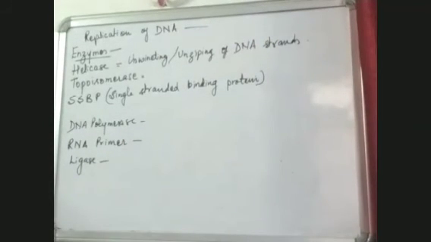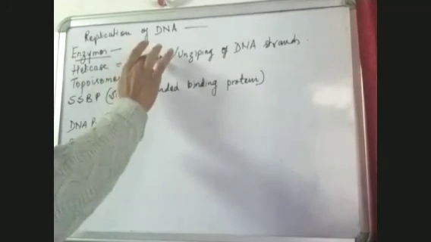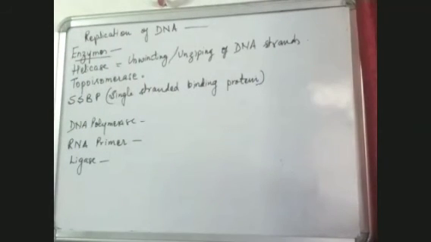The DNA strands unwind, they open up and unzip, and they go apart. Both the strands go apart because that is required for the process of replication, and this is done by helicase. So the unwinding of the DNA strand is done by the enzyme helicase.